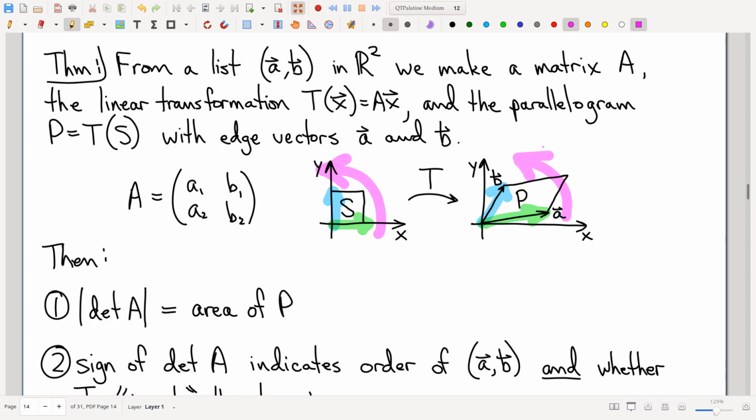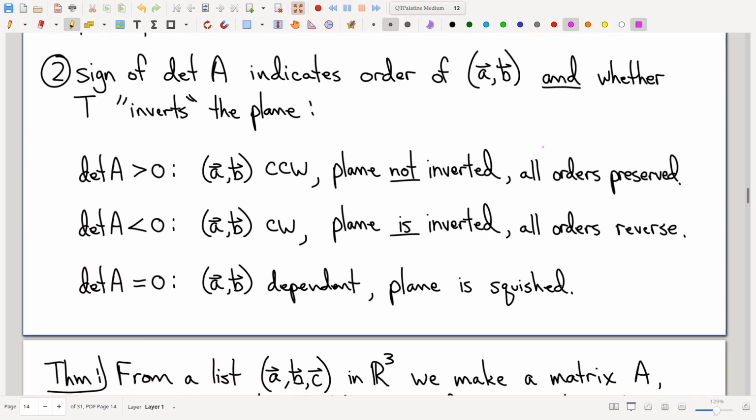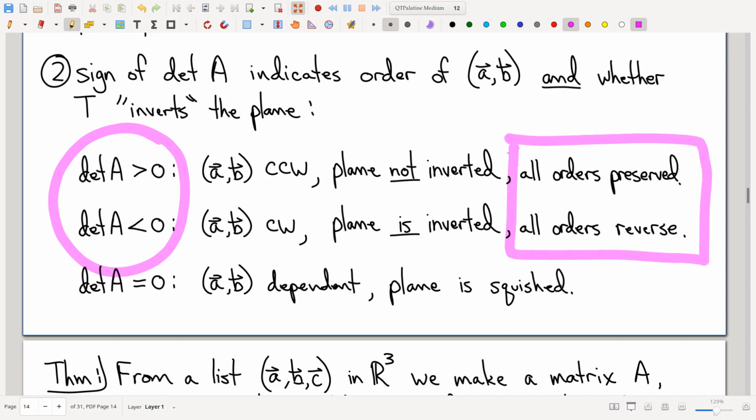Okay? So, in the same way that the determinant, by being positive or negative, is telling us whether the parallelogram is clockwise or counterclockwise, or whether the list is clockwise or counterclockwise, it's also telling us whether orders are preserved or whether orders are reversed.